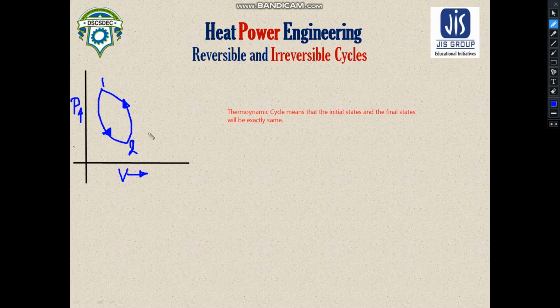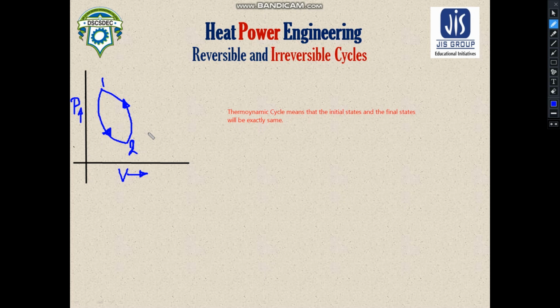Now, coming to the definition of a reversible or an irreversible process. From the basic understanding of the words reversible and irreversible, we can understand that a process which can be reversed in both directions can be called a reversible process.